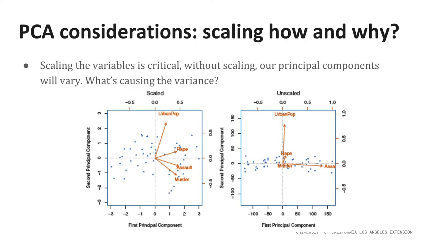Some things we mentioned earlier: you have to make sure you standardize and normalize the variables. This is critical. Again, we talked about the income and the education attainment percentage example.